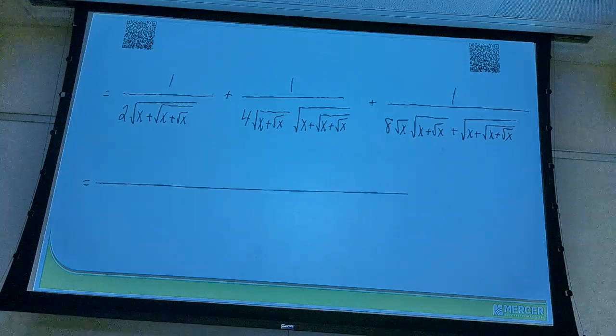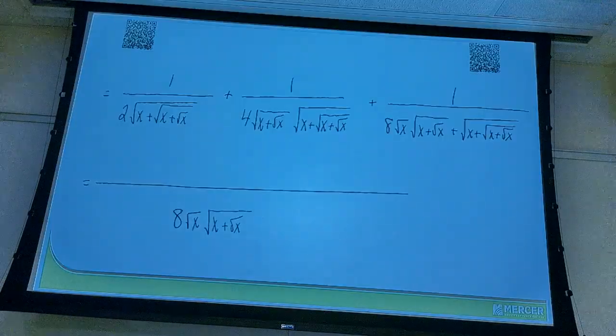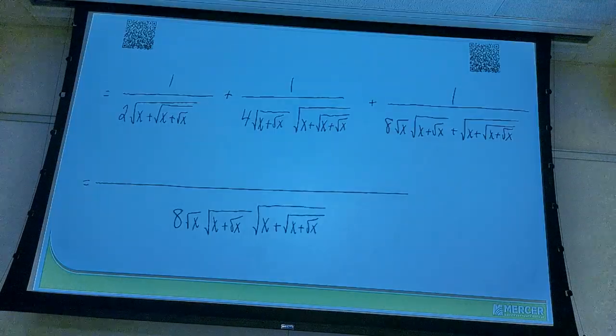I have no idea how long you can leave it, but. That's the common denominator, right? Yeah. Got a 1. Plus, what do I need here? 2 root x for the second term. Yeah.